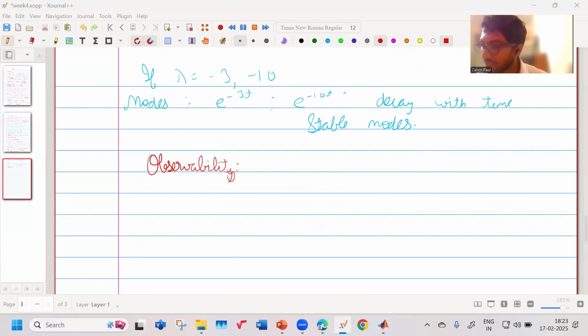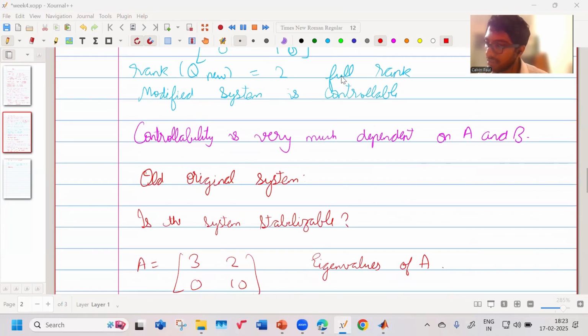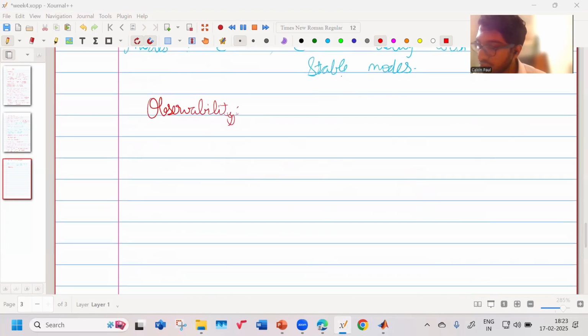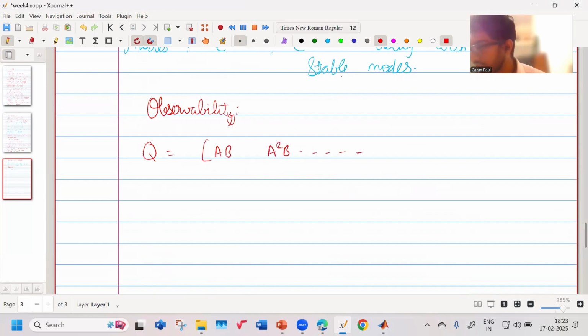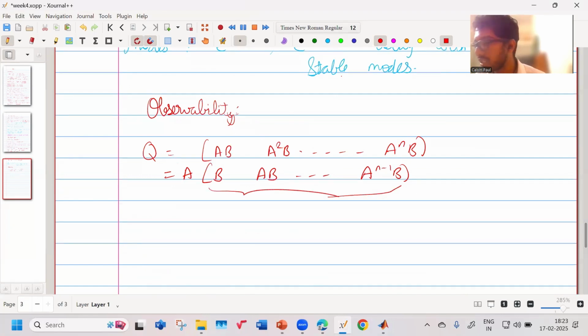If your matrix is A B, A square B, up to A raised to n B, and you take A common, it will become A times B, A B, up to A raised to n minus 1 B. Then this is your controllability matrix.